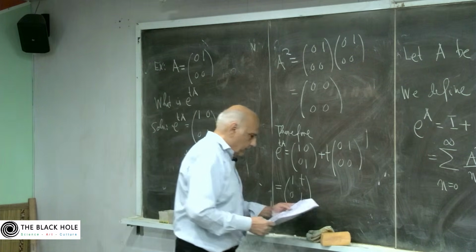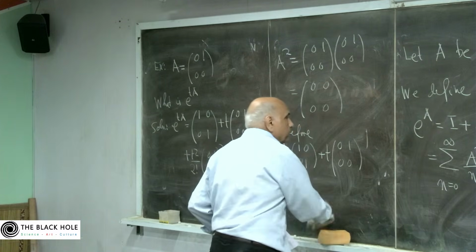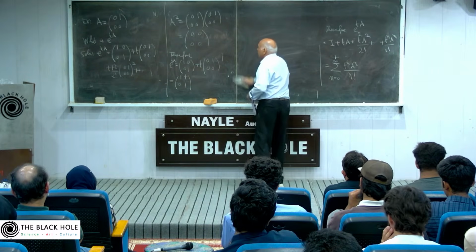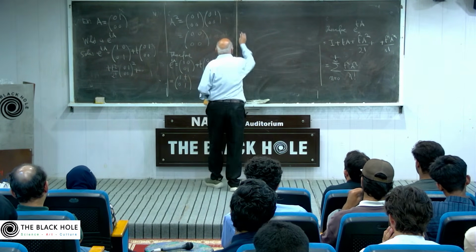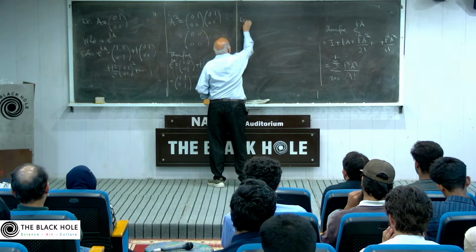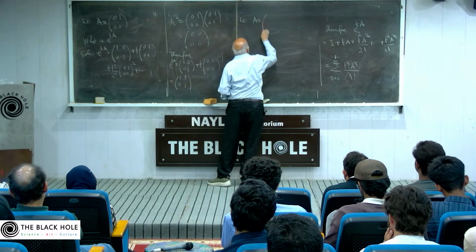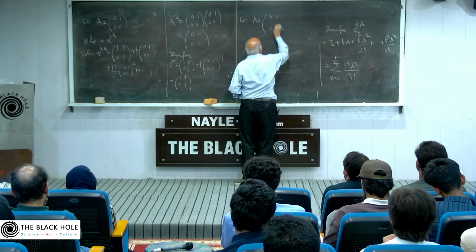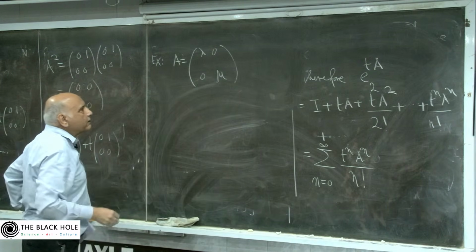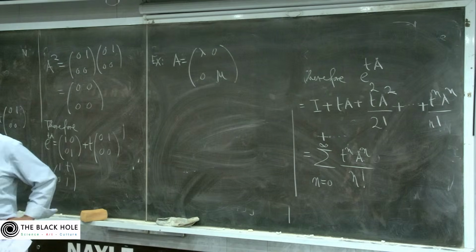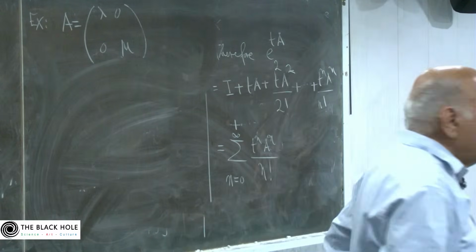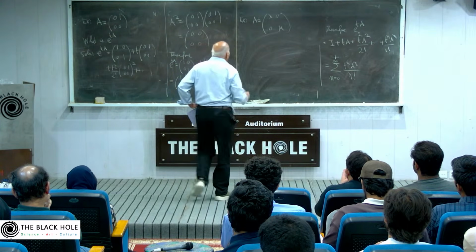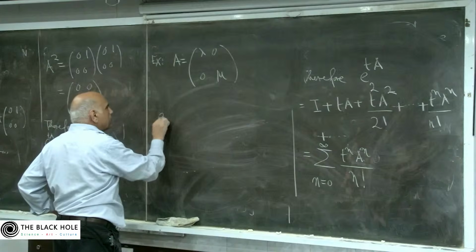Okay, another example. Let A be equal to lambda, mu, a diagonal matrix. Here lambda and mu are constants. So what do you guess? What is e to the power of A?